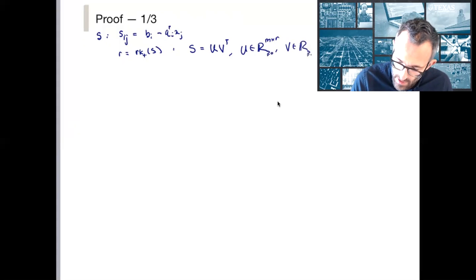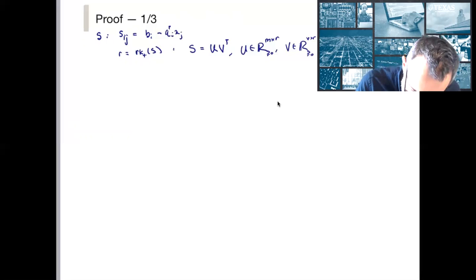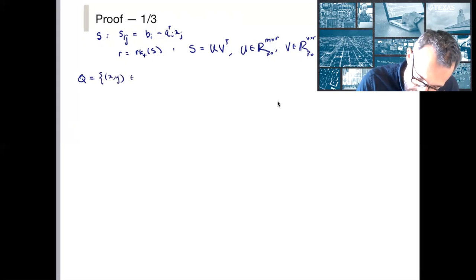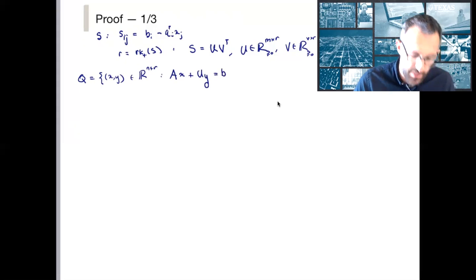So the claim is that U actually gives us our extended formulation. Let's look at the polytope Q. That's all pairs X, Y in R^(n+R) such that AX plus UY equals B, and Y is non-negative.